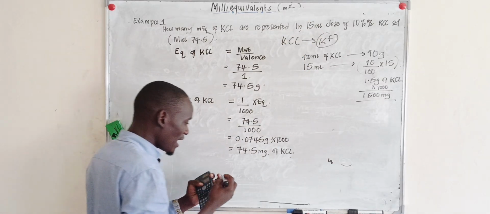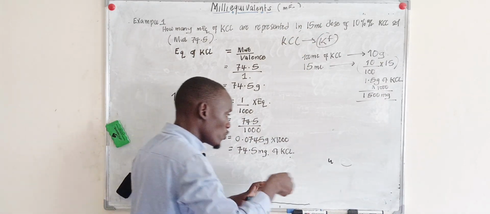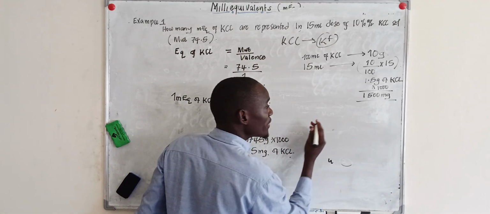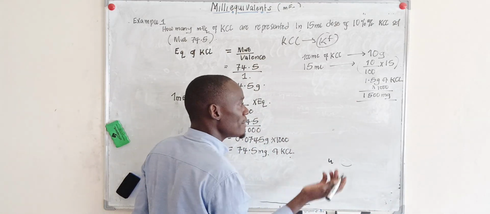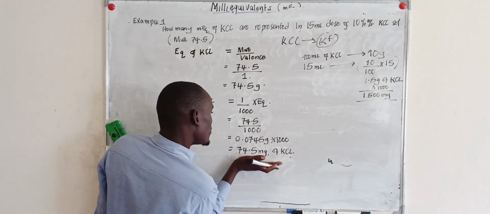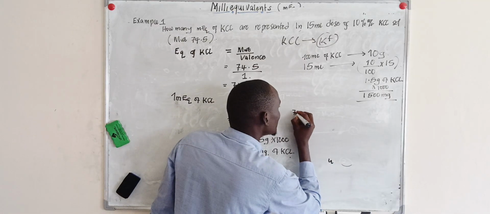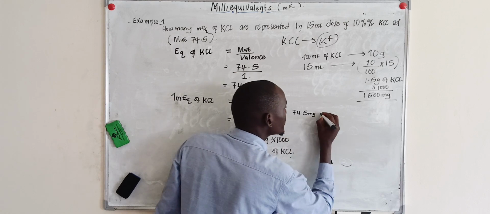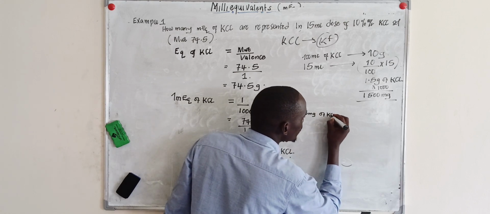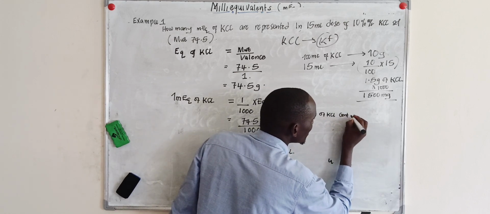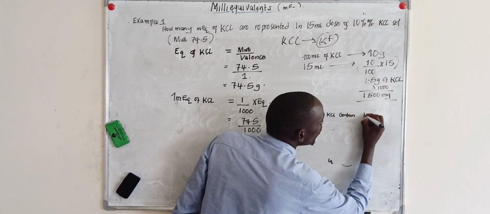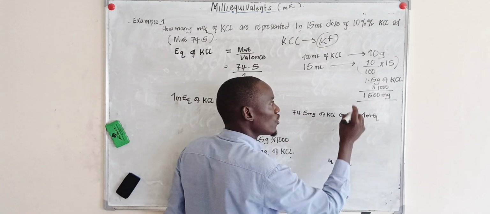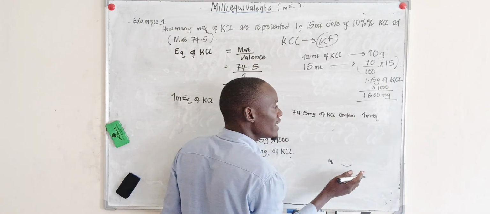So from there, we are going to write from first principle, where what we are looking for is the mEq. We shall begin from here and say 74.5 milligrams of potassium chloride contain 1 mEq each of potassium and chloride ions.